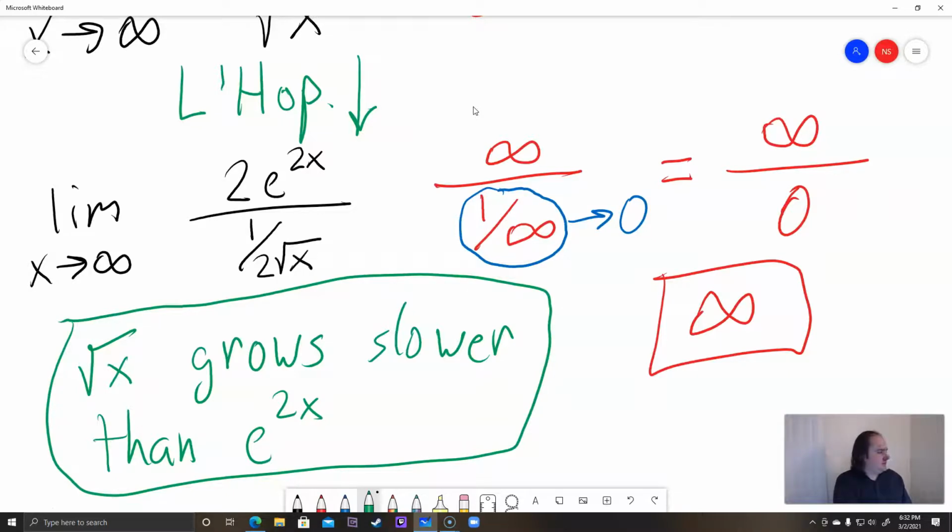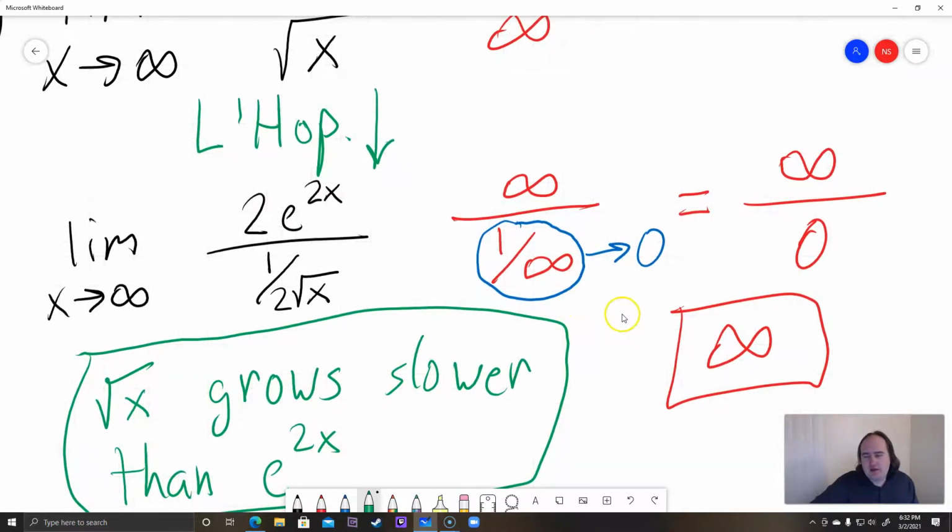Okay, so the reason infinity over 0 is infinity is infinity is infinitely larger than anything, especially 0. Okay, so we're just gonna say that that's infinity.